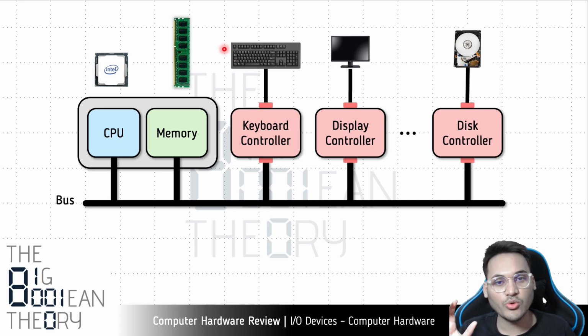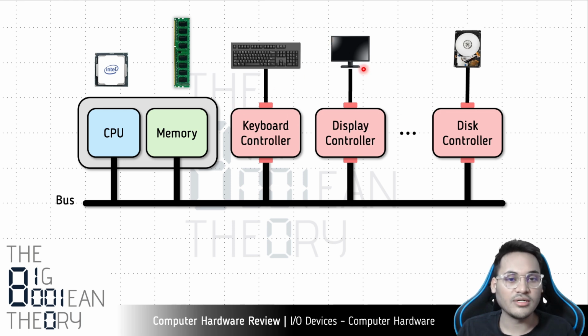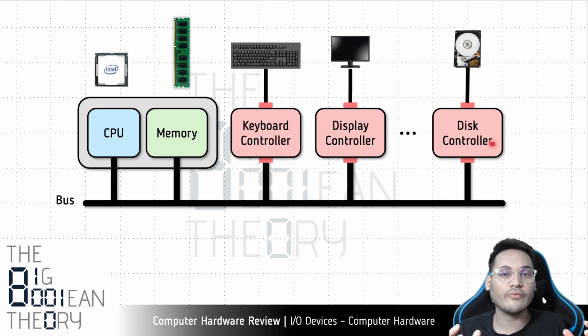First of all, there is the keyboard itself, and then there is the associated keyboard controller that is responsible for controlling the keyboard. Similarly, for the display, we have the display controller, and for the disk, we have the disk controller. So the first major part that you need to understand when you're trying to understand how the IO devices work is that there are two parts. First is the device itself, and then associated with the device, you have a special chip.